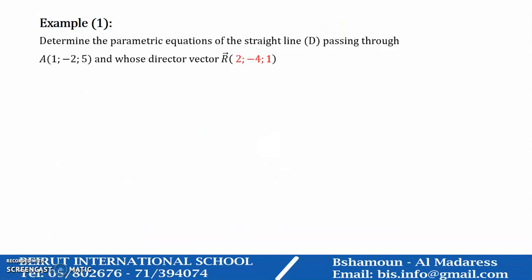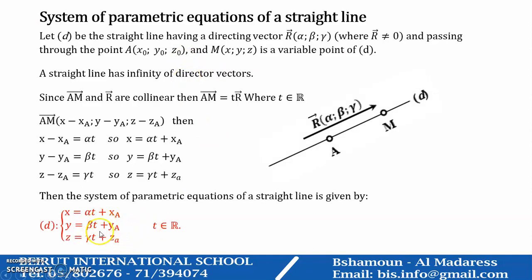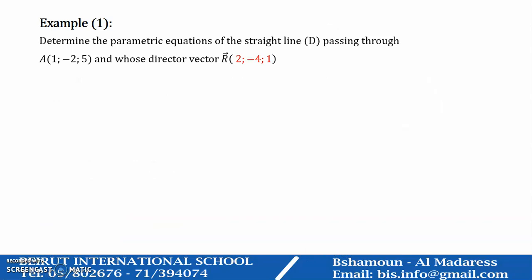Here they ask us to determine the parametric equations of the straight line D passing through the point A and whose director vector coordinates are 2, minus 4 and 1. In fact, 2 is alpha. From the preceding result, alpha, beta, gamma are the coefficients of t. So here 2 is alpha, minus 4 is beta, and 1 is gamma.